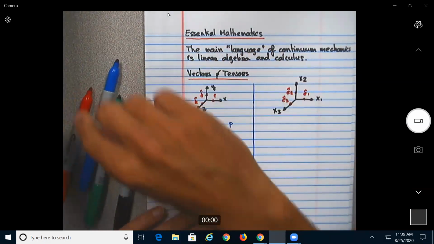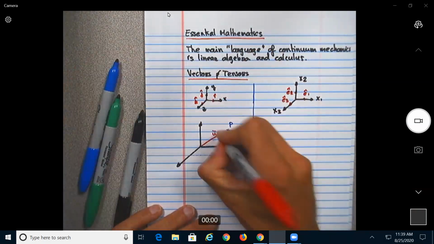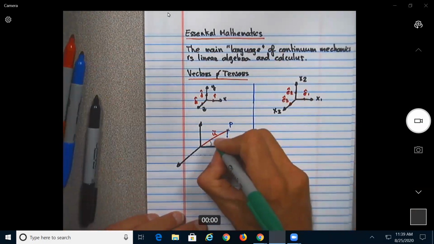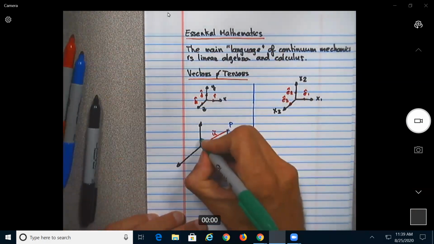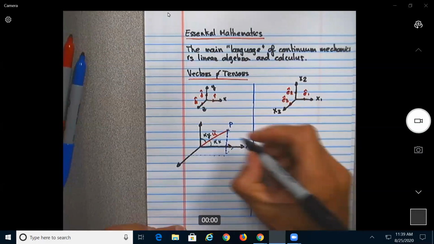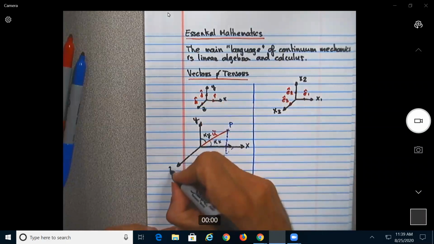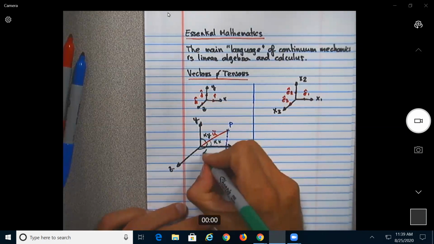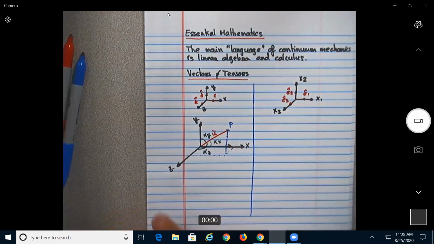So this will be our vector, let's say U bar. And if we need to look at the angles, it will be alpha X, alpha Y, and this will be alpha Z.